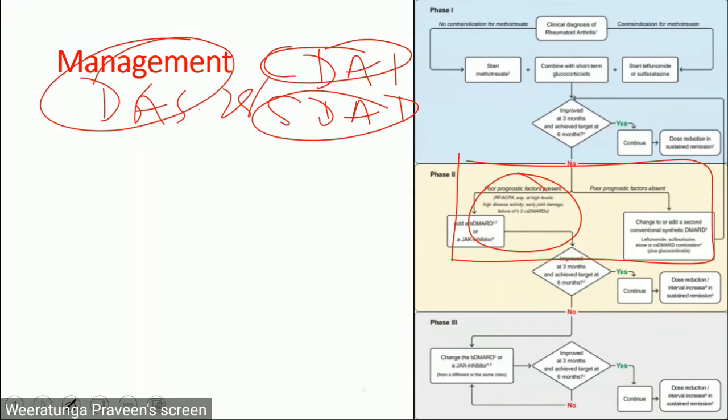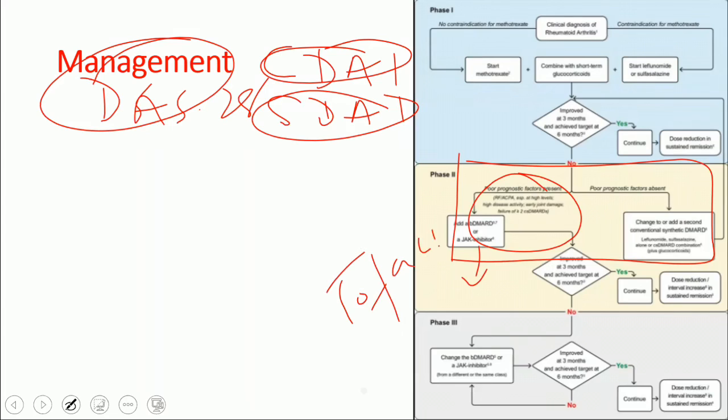At the second phase, there is a new drug class called JAK inhibitors, tofacitinib. Some people may ask this in an MCQ. Tofacitinib is a JAK inhibitor which can also be used instead of a biologic.